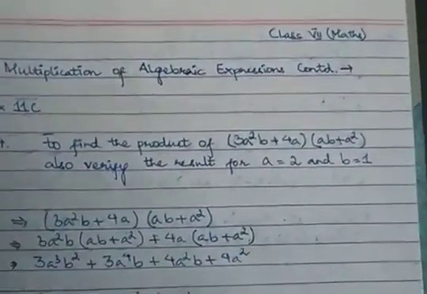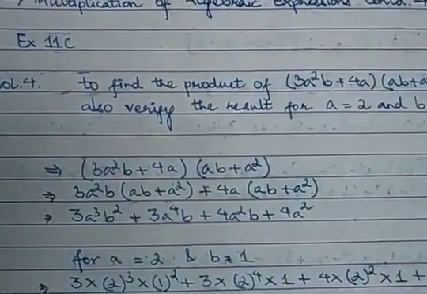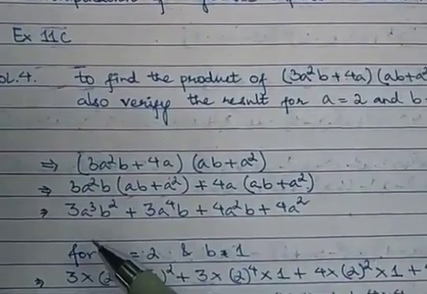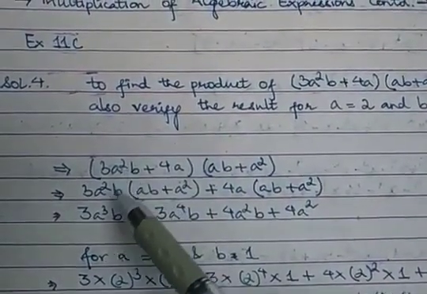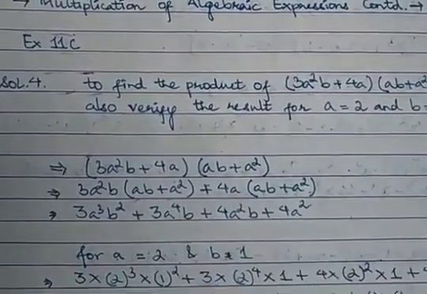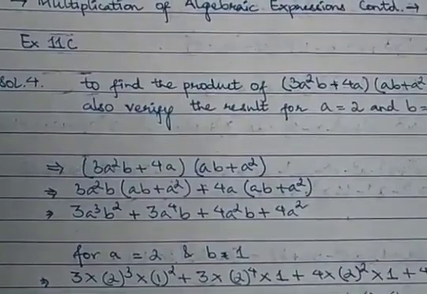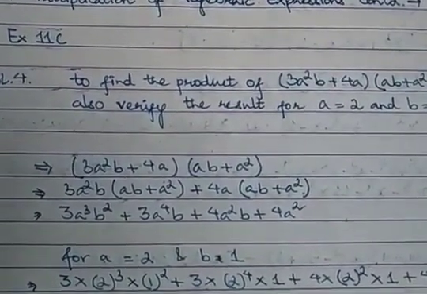Okay, so as you know, the multiplication of binomial and binomial, how is it done? Similarly, as usual, what I have done here is I have split the first binomial into two parts, the first part and the second part, and I have written the second binomial 2 times, because that is how we are supposed to do it.